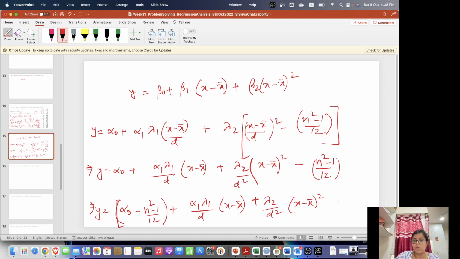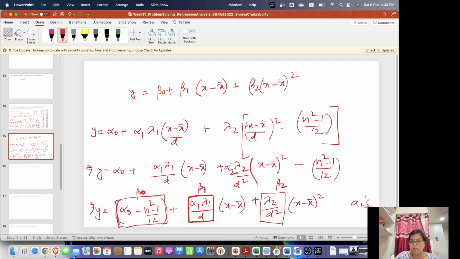So once we have the alpha i's, we need to revert back. This one will be beta 2, this one will be beta 1, and this entire thing is beta naught.